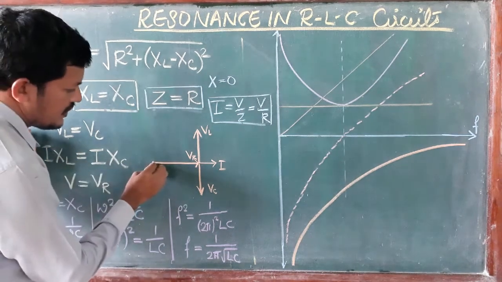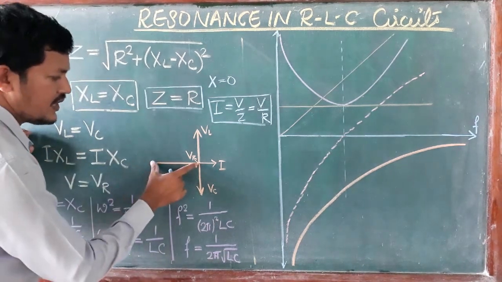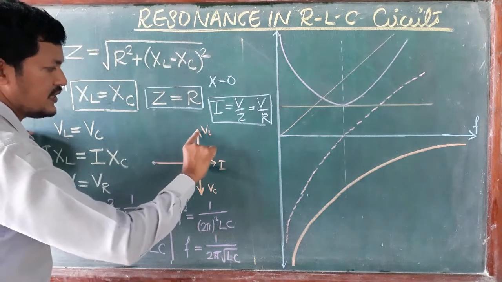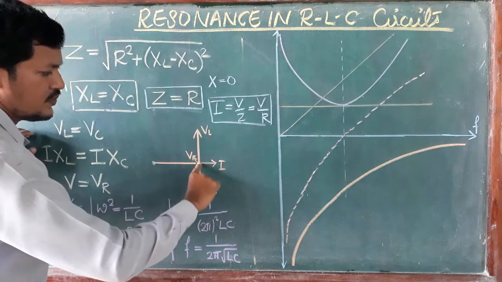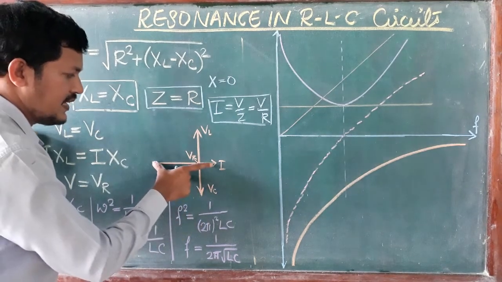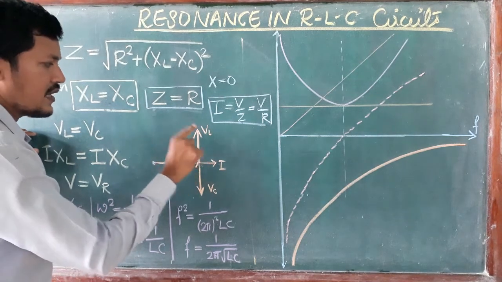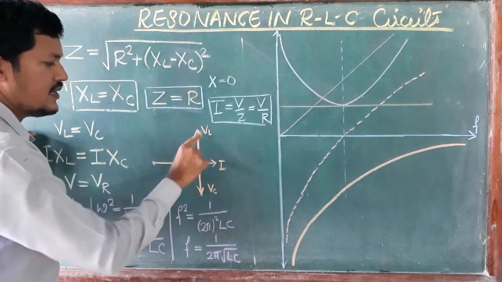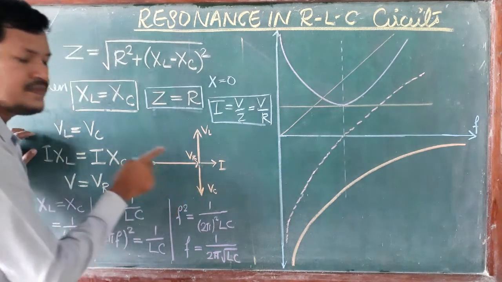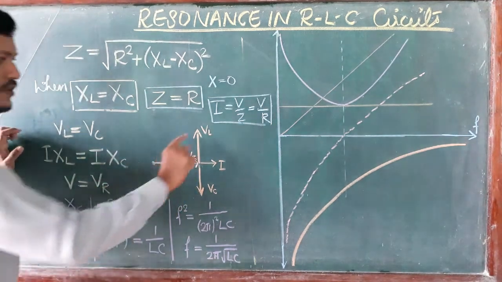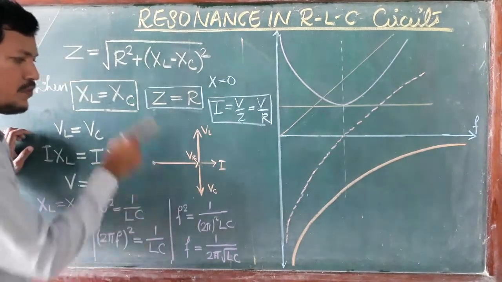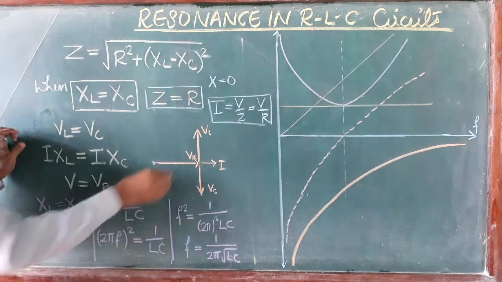Suppose we draw the vector diagram. VR is the voltage across the resistor, this one is the voltage across the inductor, and this one is the voltage across the capacitor. This is the reference, I. Based on I, the voltage is leading in the inductor and lagging in the capacitor. So VL and VC are the same magnitude but opposite in direction, so they cancel each other.